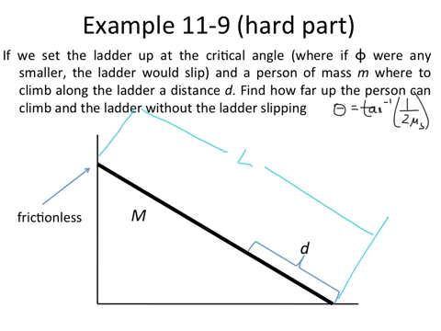Right, that angle should be theta. And the mass of the ladder is capital M, but now we have a person. So let's see, big M equals the ladder. Small m, lowercase m, is going to be the person. All right, the mass of that person who is walking up the ladder, that distance d that we're solving for. Okay? All right, I think we have all of our dimensions marked on here.